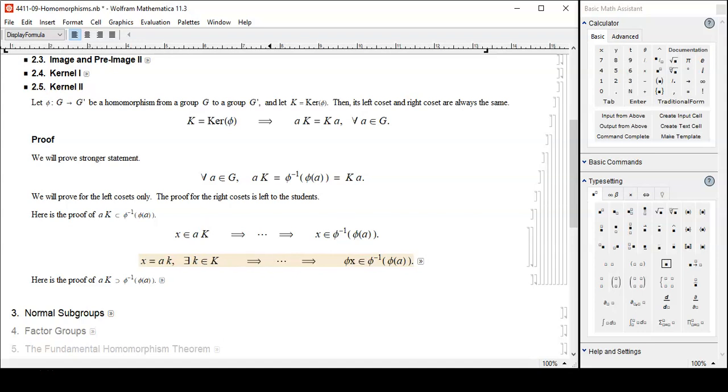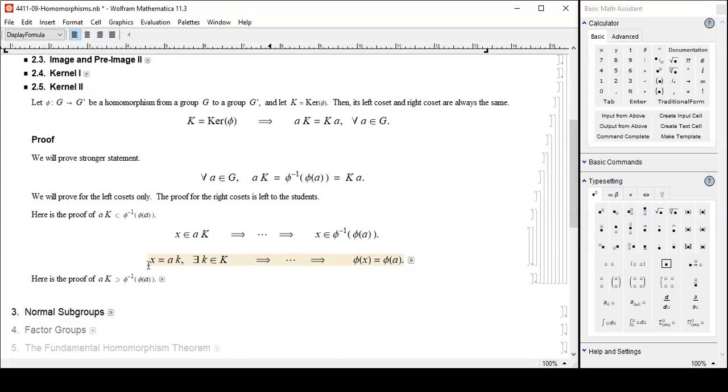So that means phi of x has to be a member of this. That's the definition of the preimage, isn't it? But then again, this set has only one element. So that's the same as phi of x is equal to phi of a. So basically, that's what we want to prove.